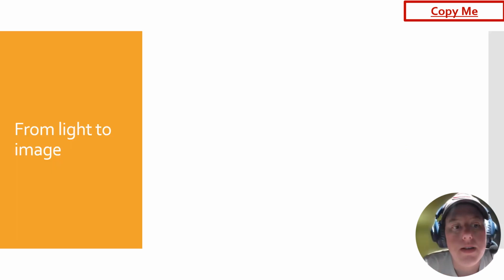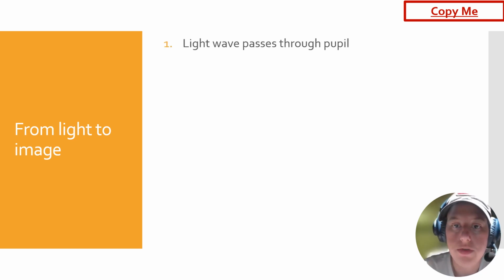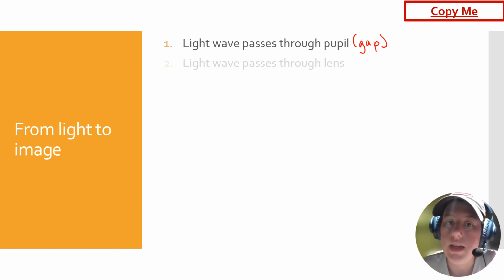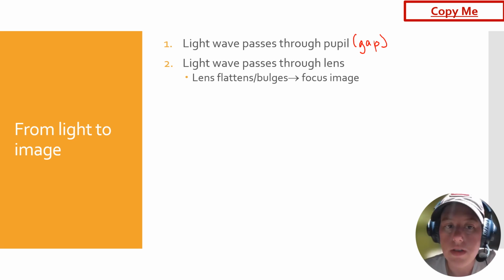All right, and last but not least, how we get from light to image. So first thing is that the light wave has to pass through the pupil. And the reason why it has to pass through the pupil is because our pupil is our gap. Now, the structure that the light has to go through after going through the pupil is the lens. And the whole purpose of the lens is to focus the image.